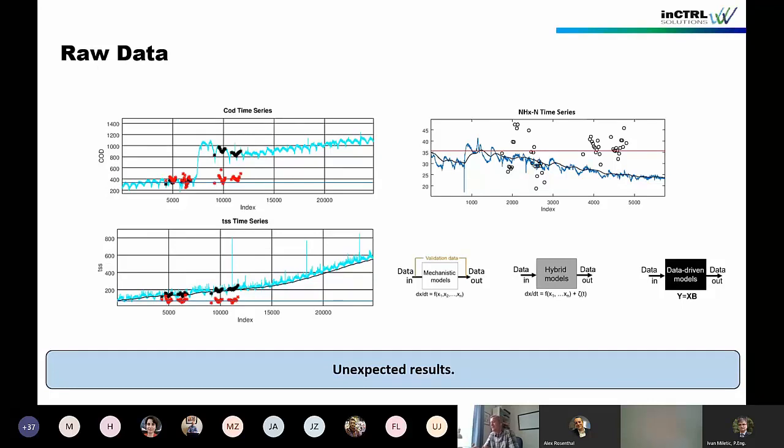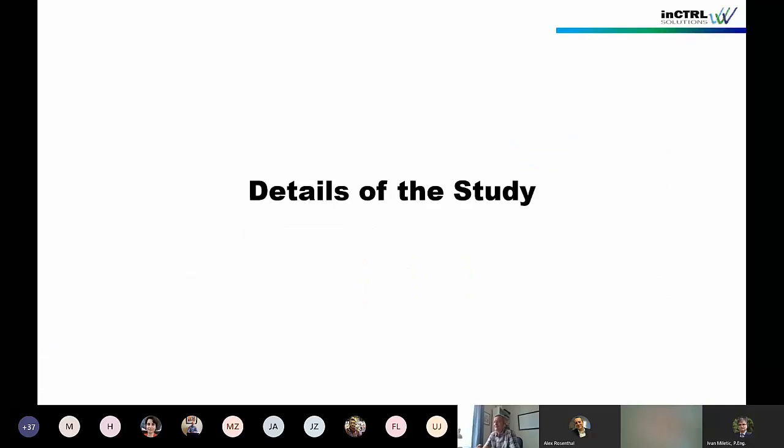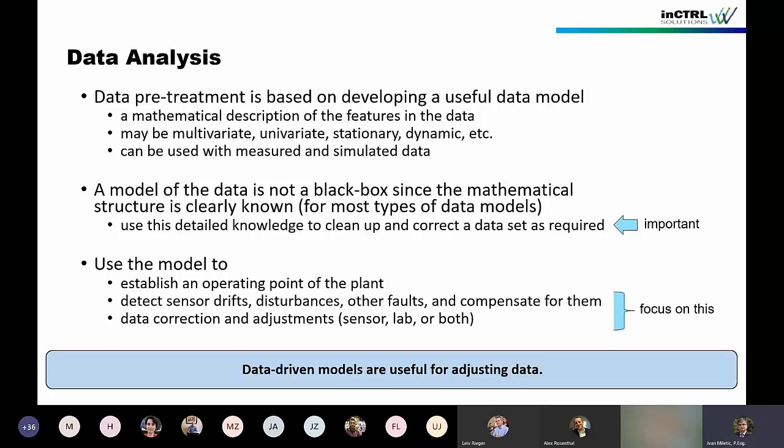So we had to find a way to use the information in the online sensor data, mainly on the dynamics, but remove drifts and that one shift in the COD data. Good. Let's look at the details of this, and maybe you can get some ideas on how you can apply some of these time series methods for doing an analysis like this.